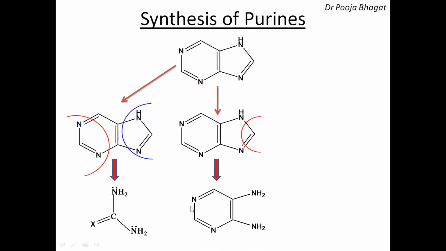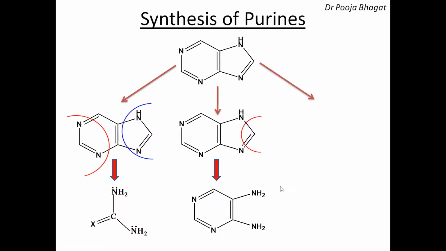So it is 1, 2, 3, 4, 5, 6, so 4,5-diaminopyrimidine. We will start with this, and then we need a compound containing a single carbon atom. It should be electrophilic in nature so that it can be easily attacked by these nucleophiles.